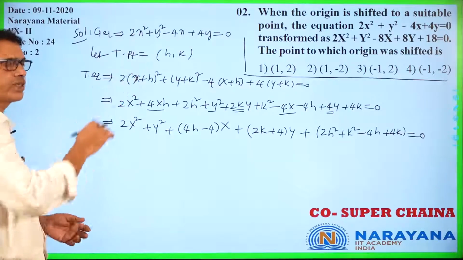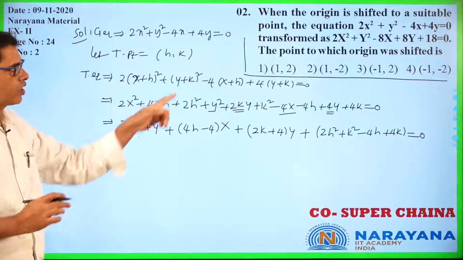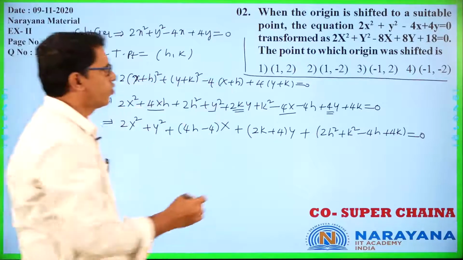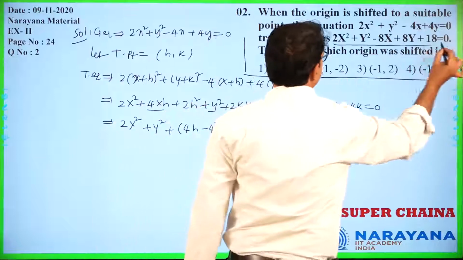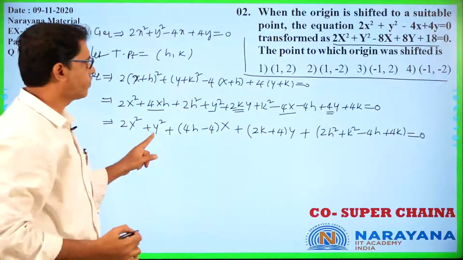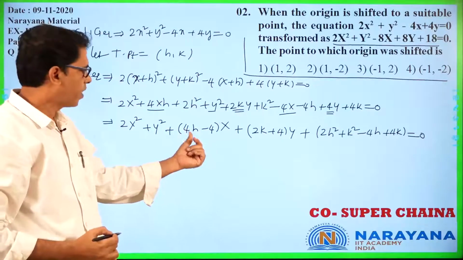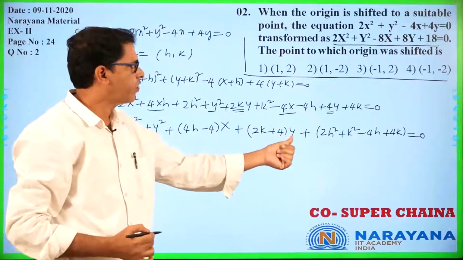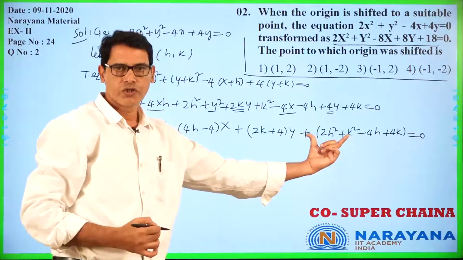But from the hypothesis, the transformed equation is given: 2x² + y² − 8x + 8y + 18 = 0. The constant should be 18.